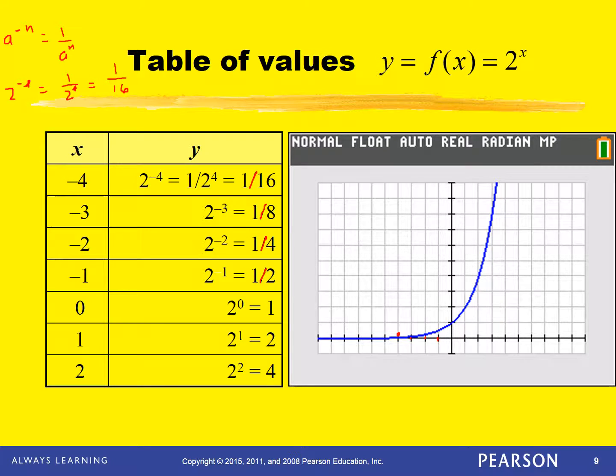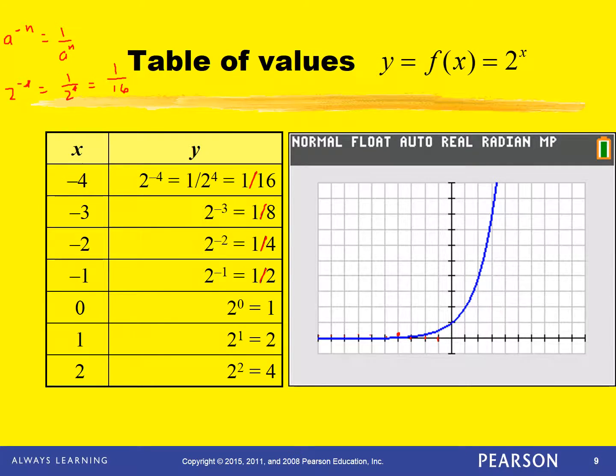Well, you can keep cutting in half all day, and you're still going to have positive numbers. You're still going to have numbers that are slightly positive, not much above the x-axis as y values, but they will be above the x-axis.